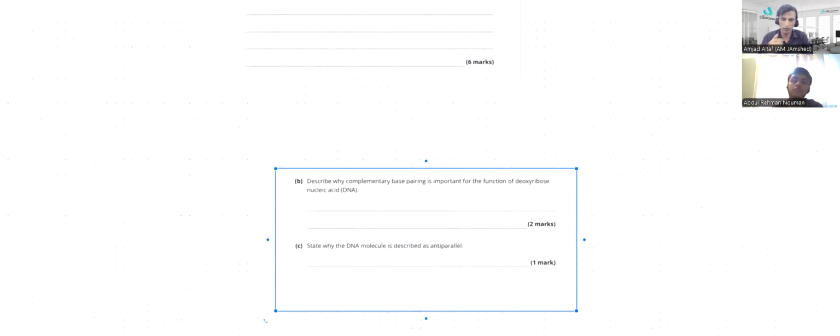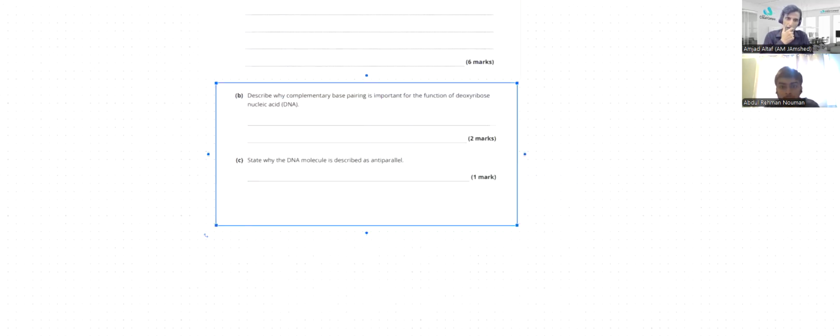Look at this: you have a 3 mark question, I mean a 2 mark question B and 1 mark for question C. Describe why complementary base pairing is important for the function of deoxyribonucleic acid, and state why the DNA molecule is described as antiparallel.